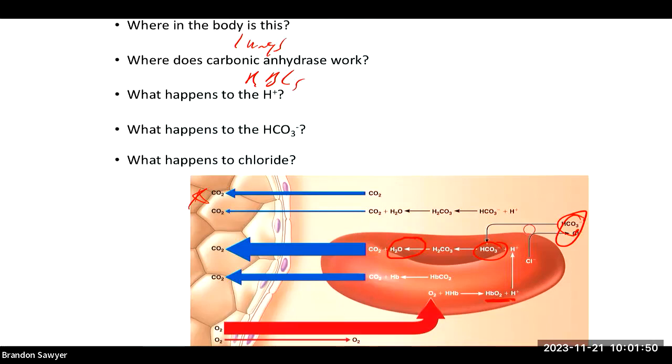Now we got hemoglobin. So the oxygen kind of helped kick it off, right? And now we got hemoglobin with the oxygen bound to it and the free hydrogen. So then it's free to go up and bind to bicarbonate. So it has a lot to do with the concentration of oxygen: if there's enough of it, then it's going to have a stronger affinity for the hemoglobin than the hydrogen did, right? So then it can help kick it off. And yeah, that makes sense. Okay. Other questions?